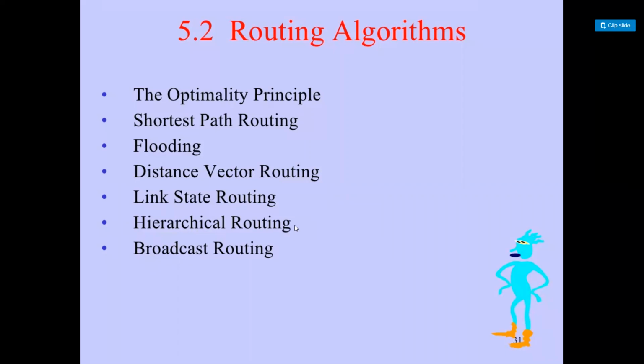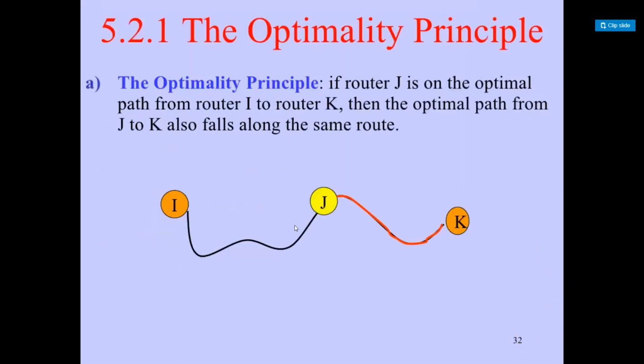Principle of optimality: shortest path routing algorithm, flooding, distance vector routing algorithm, link state routing algorithm, hierarchical routing algorithm, and broadcast routing algorithm. Okay, these are the different adaptive and non-adaptive routing algorithms. Before going to those algorithms, let's go with the principle of optimality, or the optimality principle.